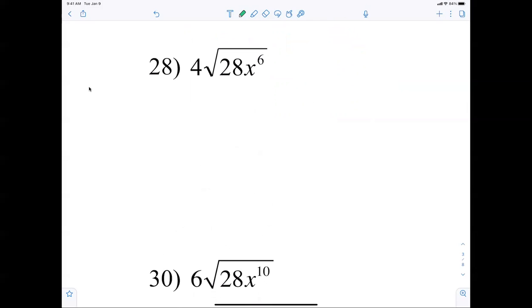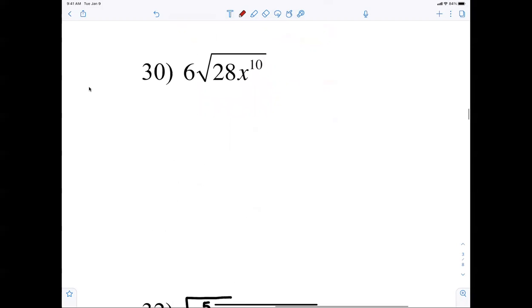What perfect square is in 28? Good. Square root of 4. So when you pull it out, square root of x to the 6th. And then, all right, 30.